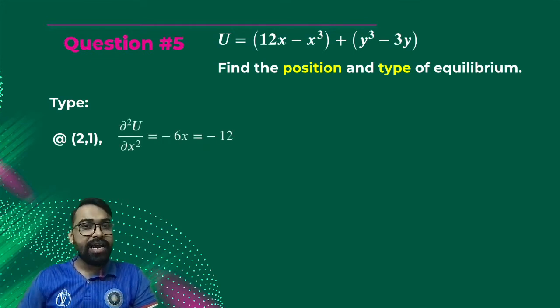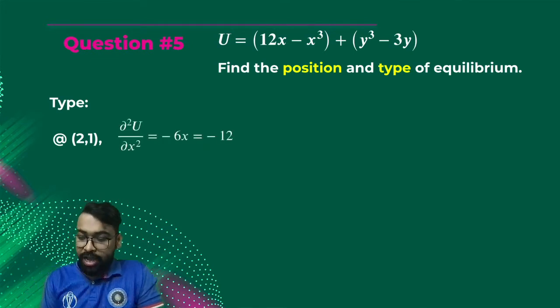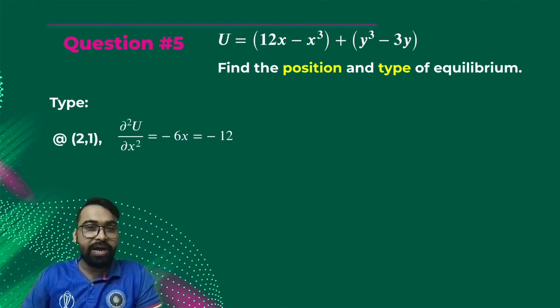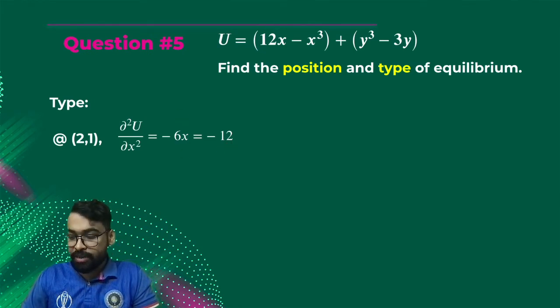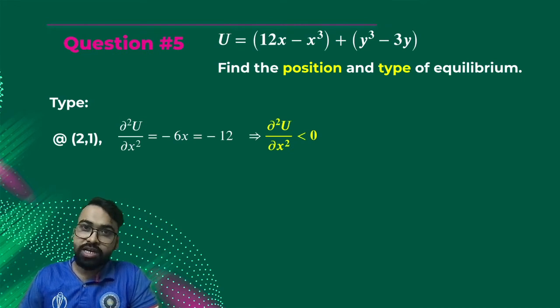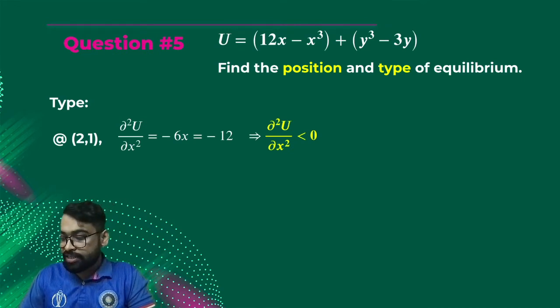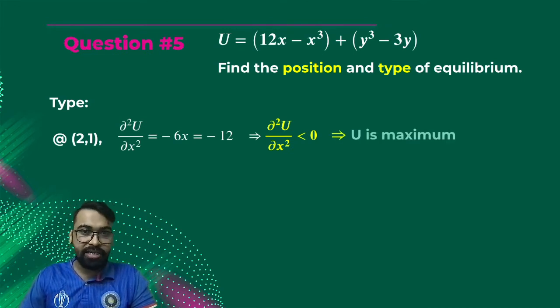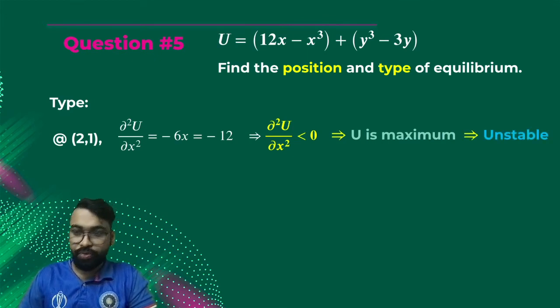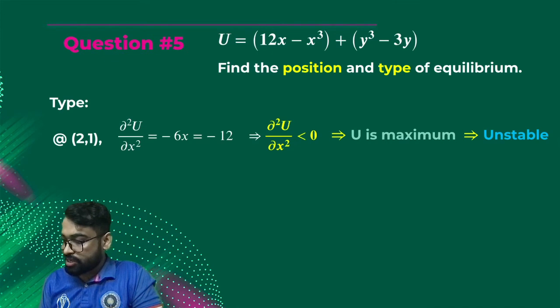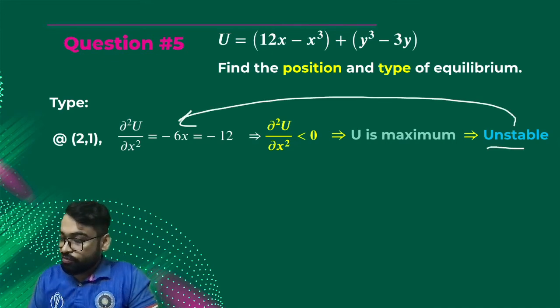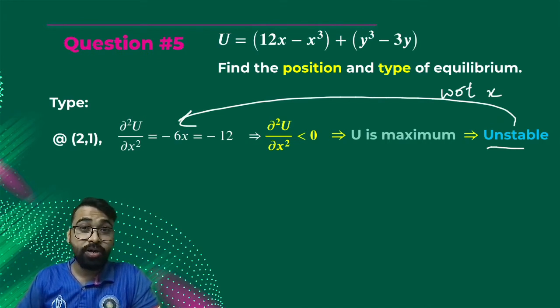In this case, I get del 2u by del x2 as minus 6x. I put x equal to 2, I get minus 12. The next inference I make is that del 2u by del x2 is less than 0, it is negative. In this case, I can say u is maximum and I have gotten an unstable equilibrium. Please remember, this unstable equilibrium is with respect to x.